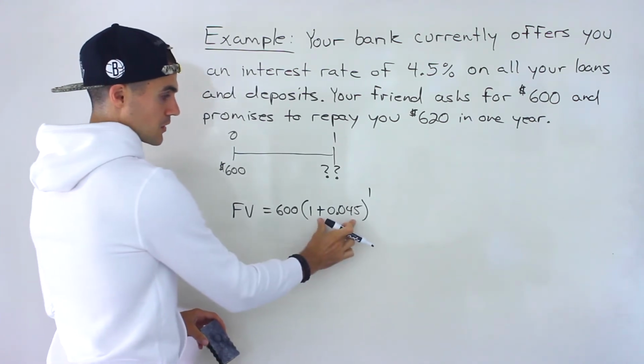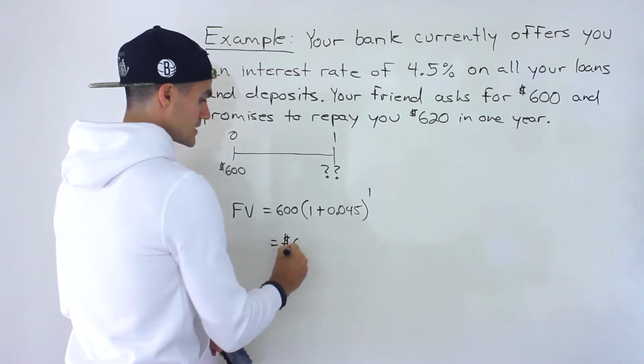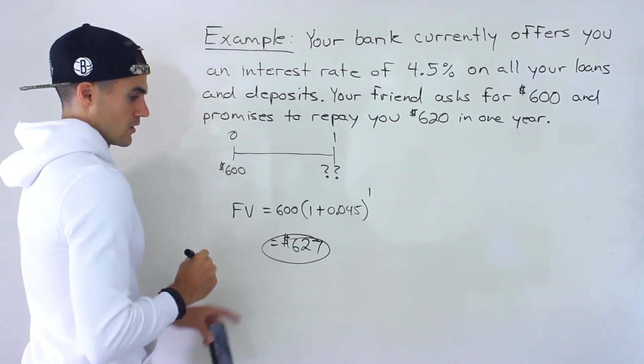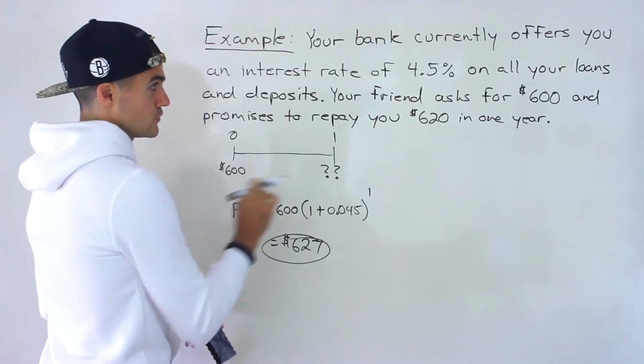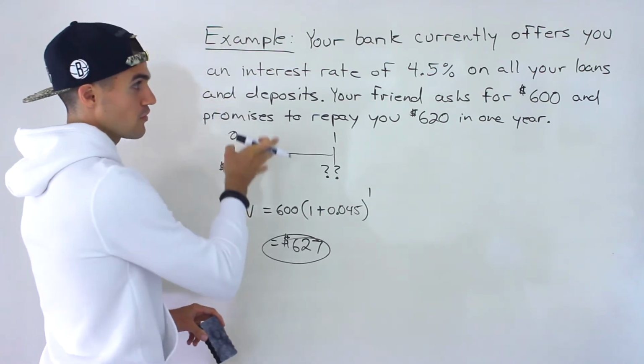So this would end up just being 1.045 multiplied by 600, and we would get 627. Right, so 627 is what you would receive in 1 year from the bank if you invested the 600 with them instead.